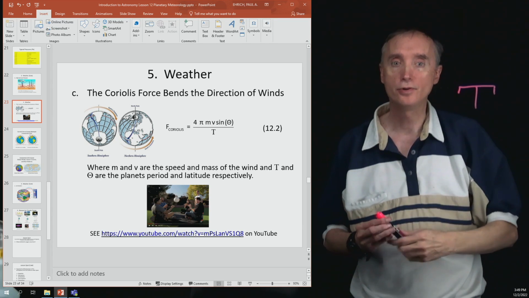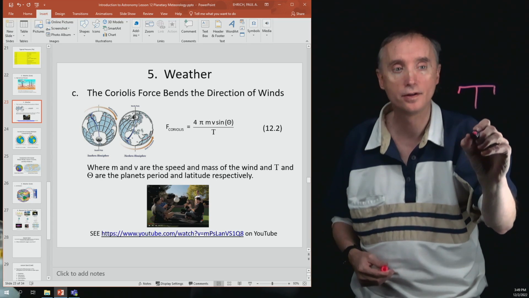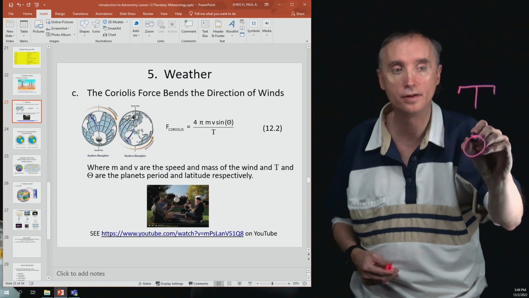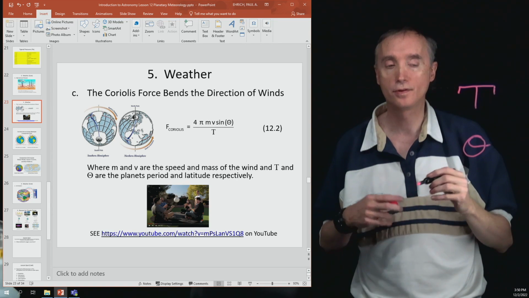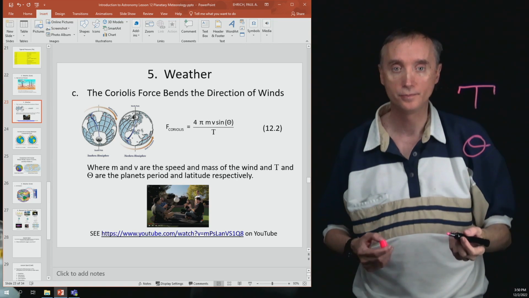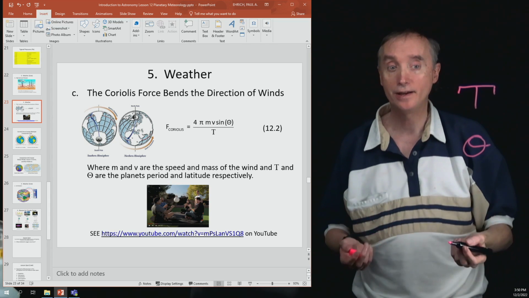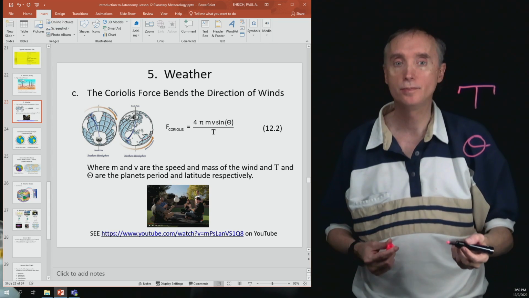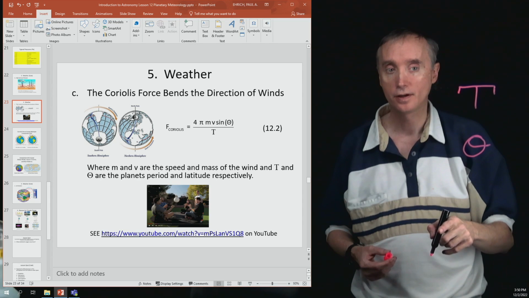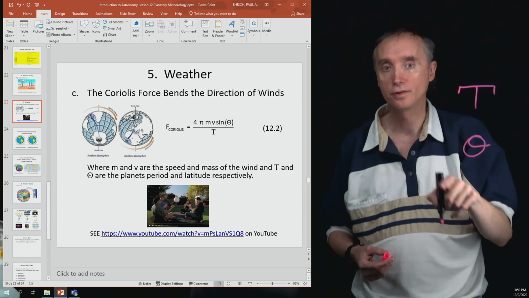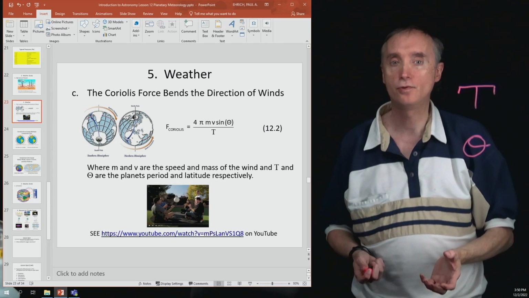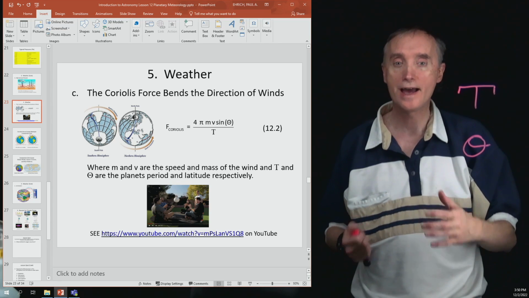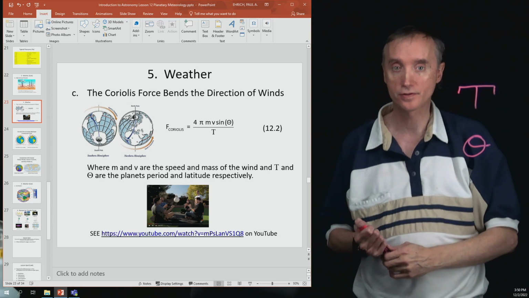And then you'll notice it also has another letter that looks kind of like this. That's the Greek letter theta, and that stands for angle. That's going to be the latitude at which you're measuring the Coriolis force. So the strength of the Coriolis force depends on where you're at on the Earth's surface.